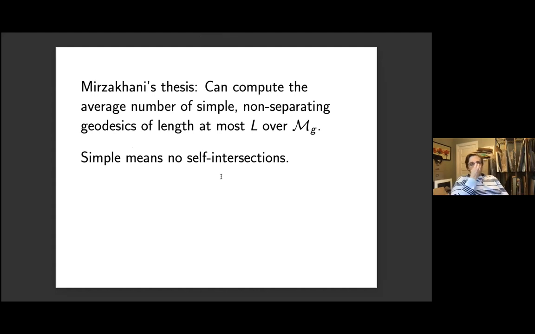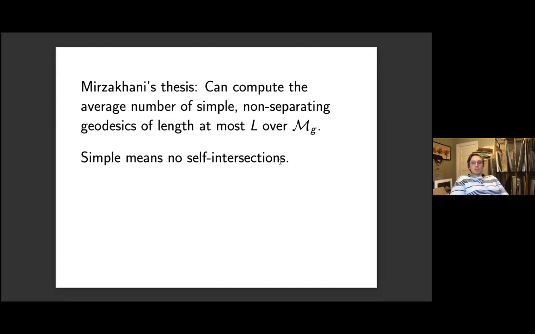And the reason for hope comes from Mirzakhani's thesis. So Mirzakhani, of course, famously wrote this spectacular three-part thesis that was very revolutionary. And one part of that is she showed how you can exactly compute the average number of, for example, simple non-separating geodesics of length at most some number L, averaged with respect to the Weil-Petersen measure on the moduli space of genus g surfaces.